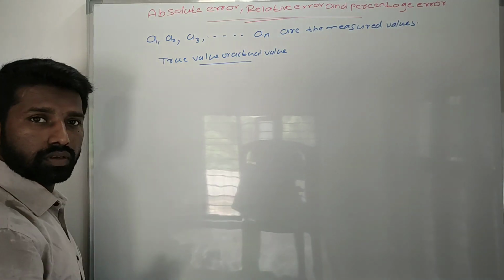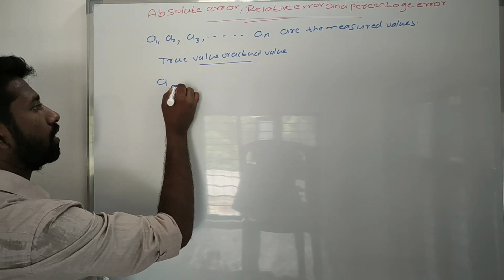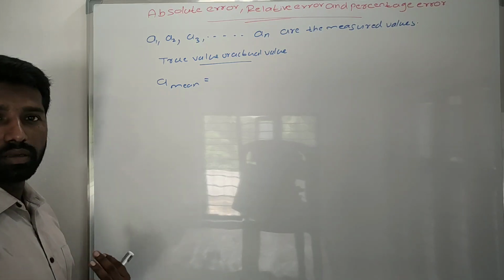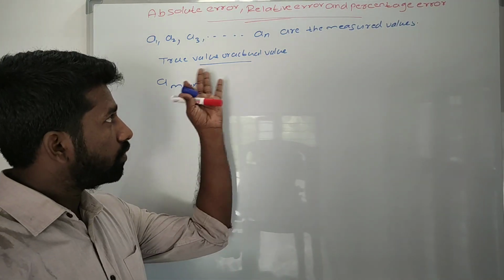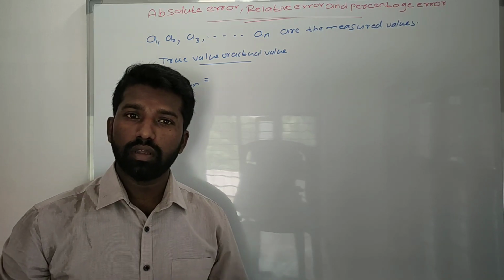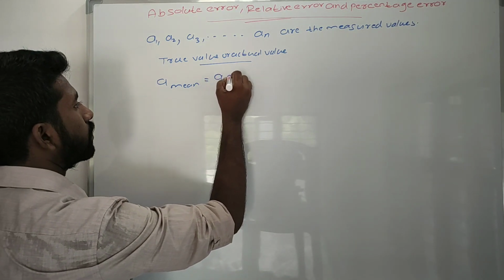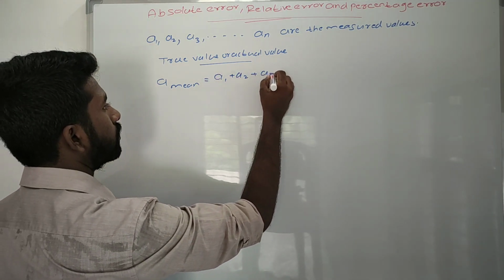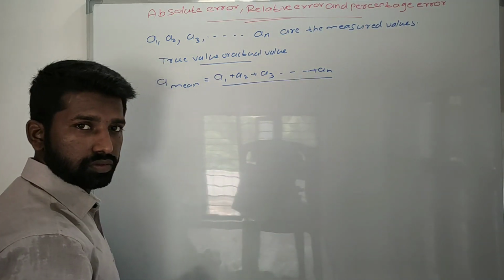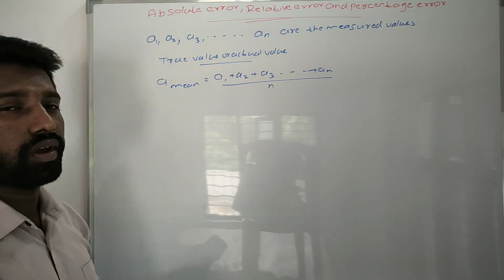What is the true value? We call it the mean value, represented as A mean, which is the arithmetic mean of all the values. That is a good measurement: A1 plus A2 plus A3 up to AN, divided by N values. So this is the arithmetic mean, and this is the true value.